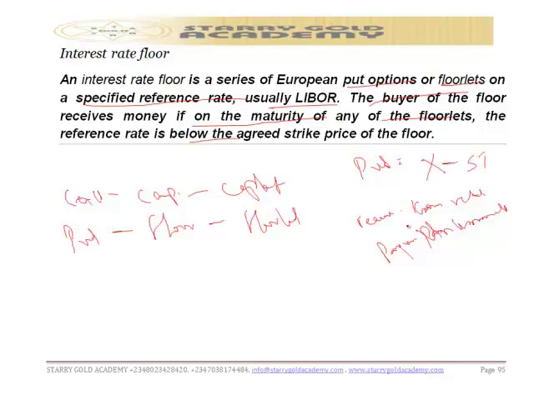Anytime the known rate is higher than the unknown rate, you make money. Understand? So the strike price is the known rate here. The unknown rate is the reference rate, which could be LIBOR or whatever. Anytime the known rate is higher than the unknown rate, you make money.